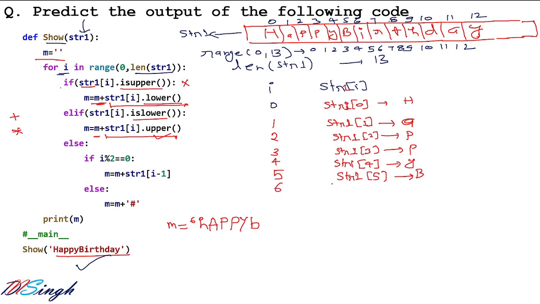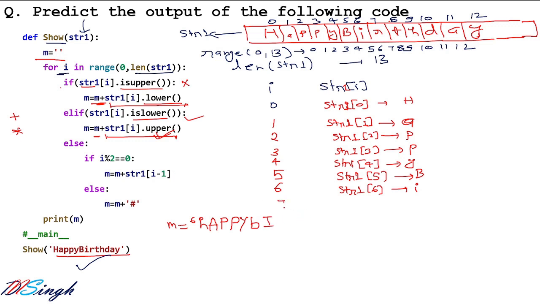Then the next index is 6. So what is the value at index 6? Str1 of 6, that is small i. Again it will go to the elif part, and the elif part says yes, it is in lowercase, because if does not match, it is not in uppercase. Then it will be converted into uppercase and then added into the string.